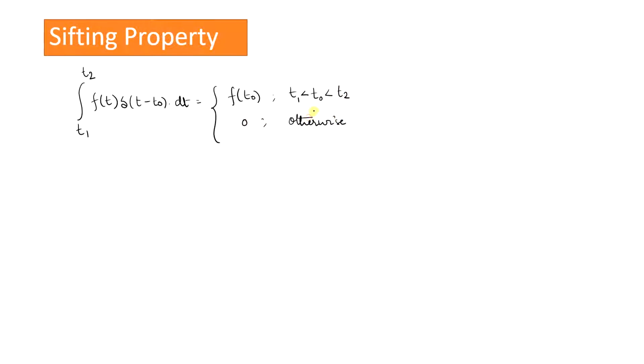So this property is very much applicable for the finite t naught and any signal f of t that is continuous at t is equal to t naught.